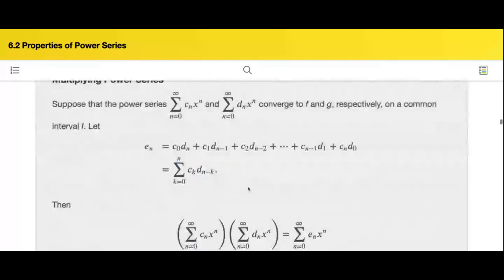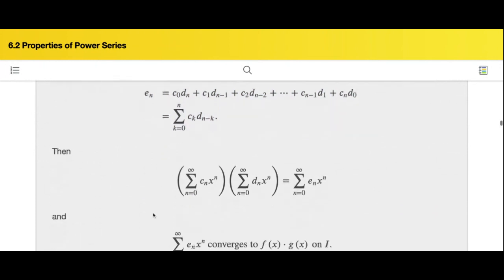Think about E3. For E3, you will get c0 d3 plus c1 d2 plus c2 d1 plus c3 d0, because it adds up to 3. Okay, let's keep moving.